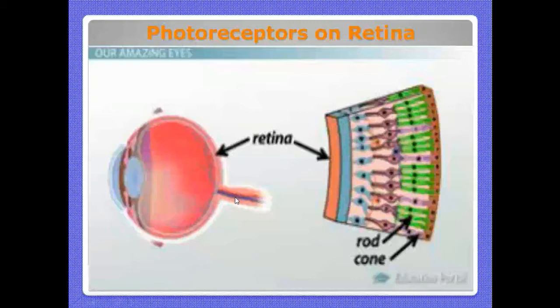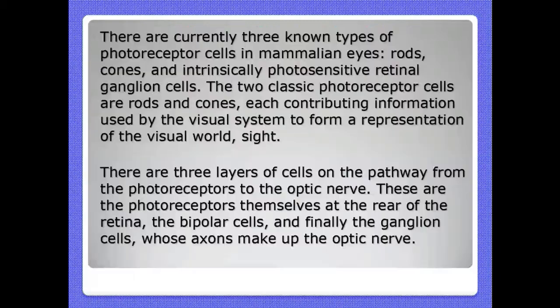So of all these three layers, the third one is the ganglion layer. All three layers of cells, from the photoreceptors to the optic nerve, are very important. These are the photoreceptors, at the rear of the retina.